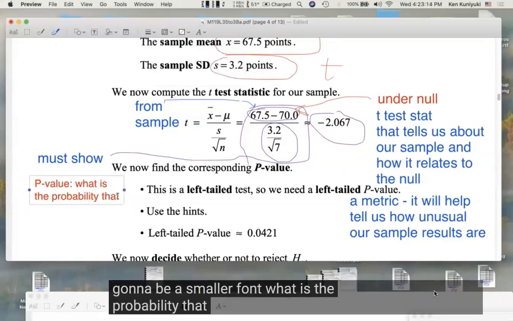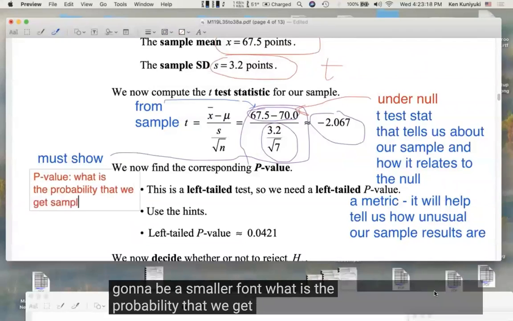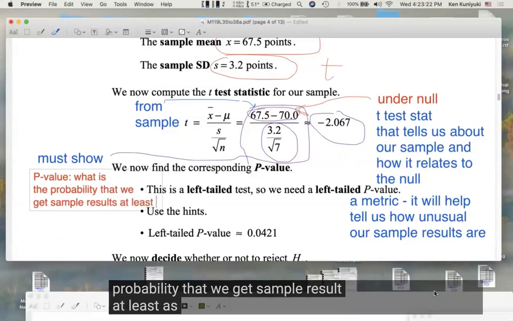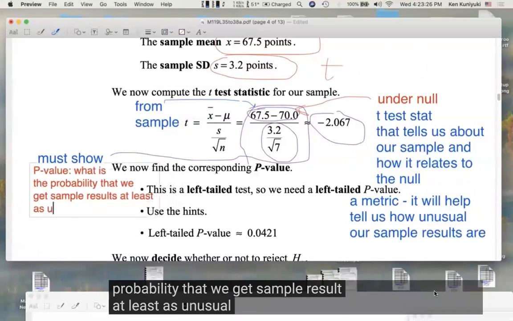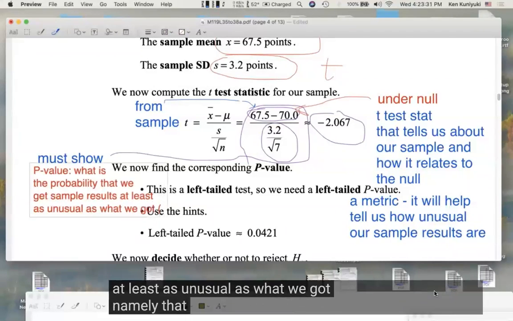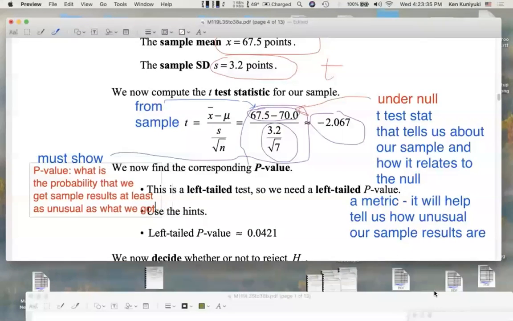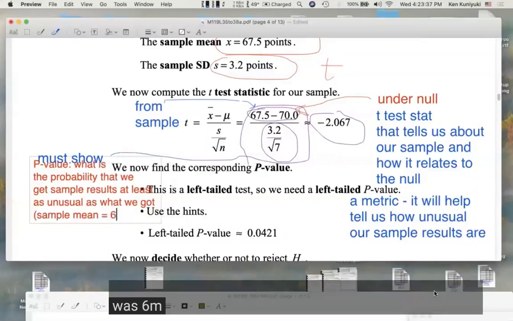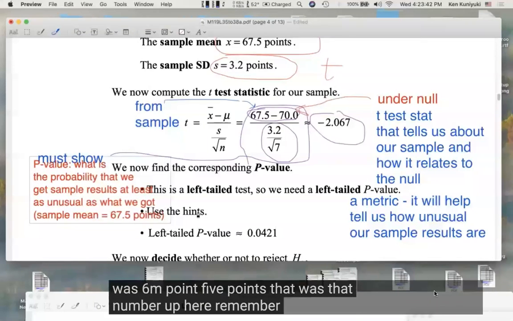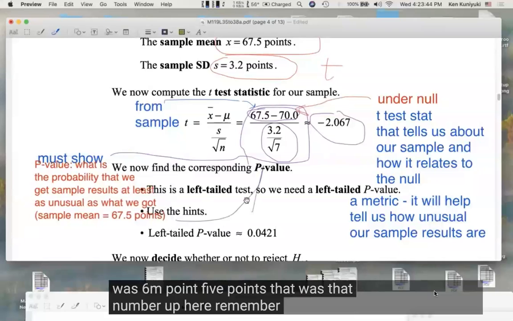What is the probability that we get sample results at least as unusual as what we got, namely that X bar, the sample mean, was 67.5 points. That was that number up here, remember? Okay.